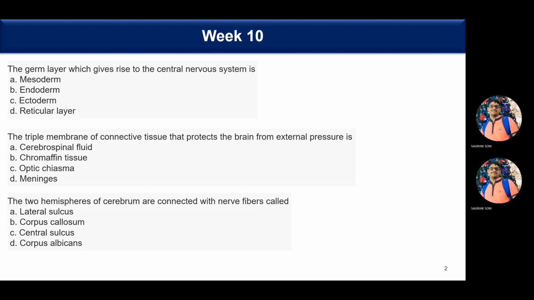The triple membrane of connective tissue that protects the brain from external pressure: cerebrospinal fluid, chromatin tissue, optic chiasma, or meninges. Remember, this is a connective tissue.